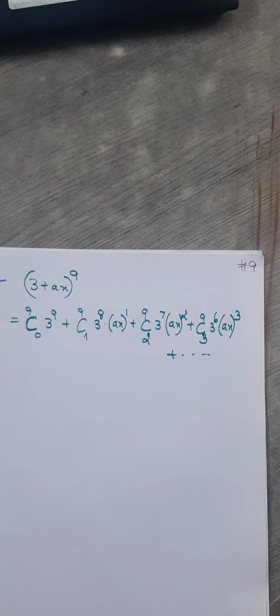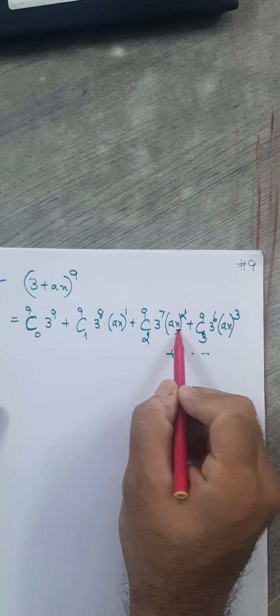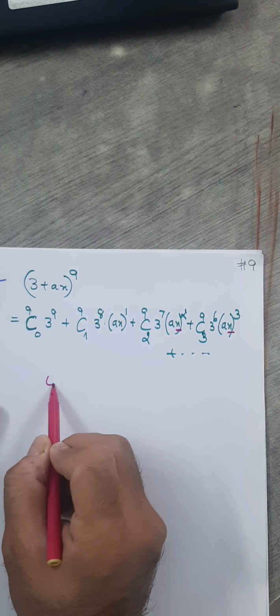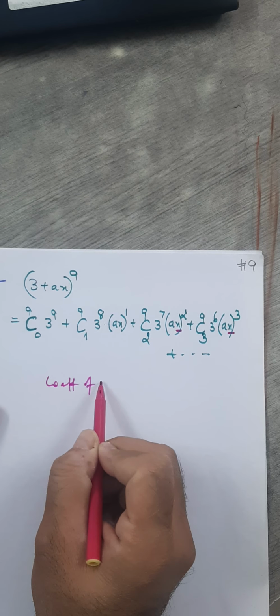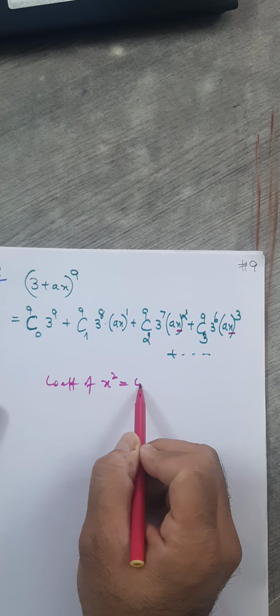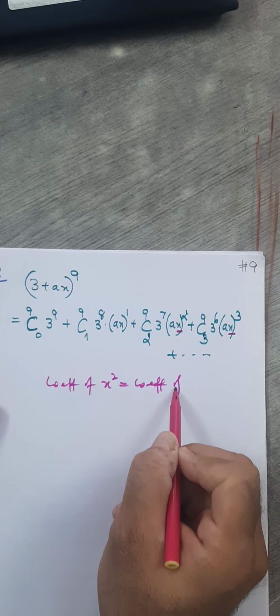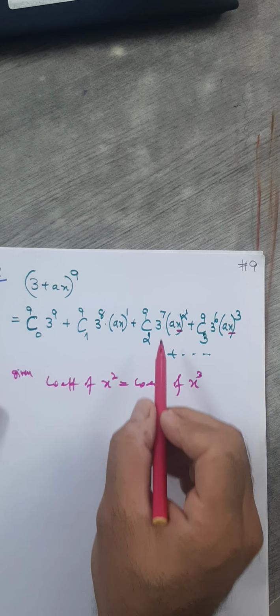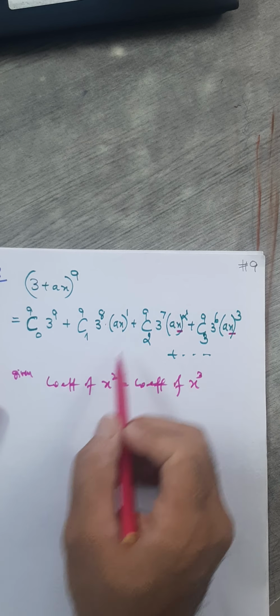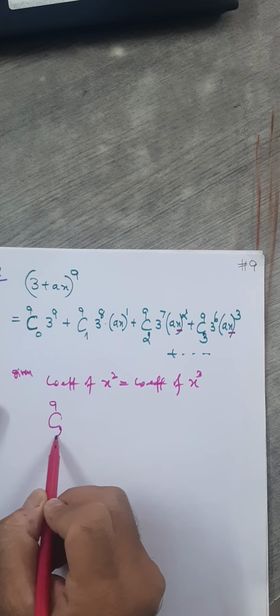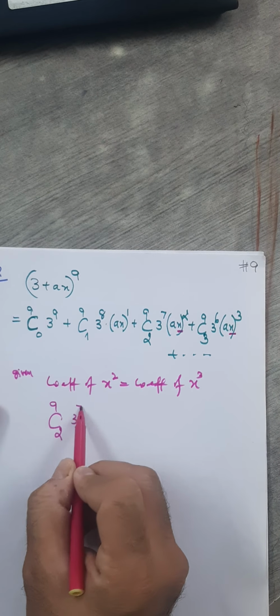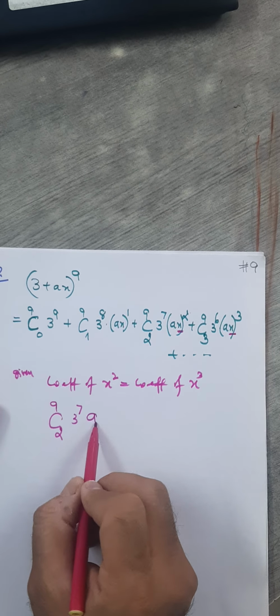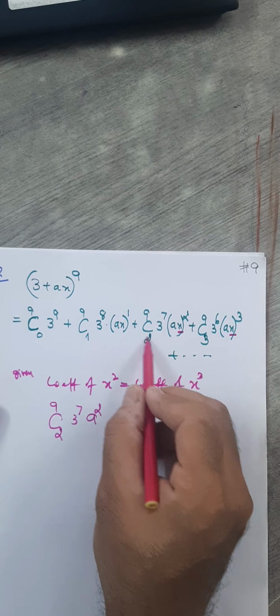Now we stop, no need to do further because we want the coefficient of x squared and coefficient of x cube. The coefficient of x squared is equal to the coefficient of x cube. This is what we are given. Now what's the coefficient of x squared? It is 9c2, 3 raised to 7 and a squared, the constant term with x squared.